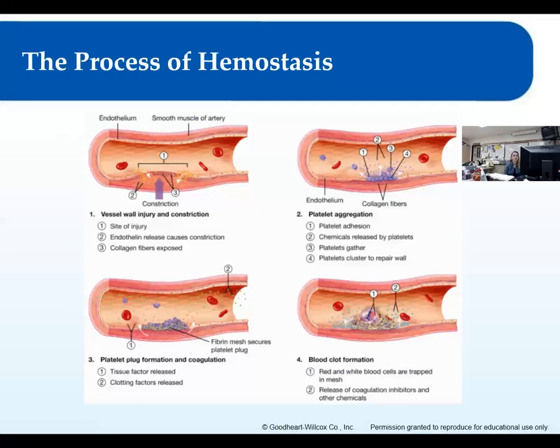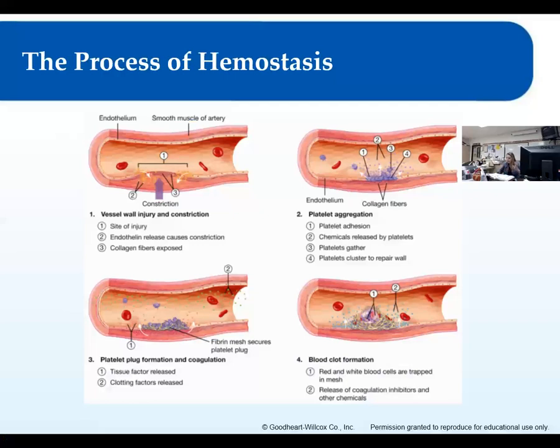First of all, blood vessels rupture because of the injury. It causes an opening in the wall. So look on here. At the site of the injury, you have this break in the wall of the blood vessel. And when that injury occurs, then endothelin is released.